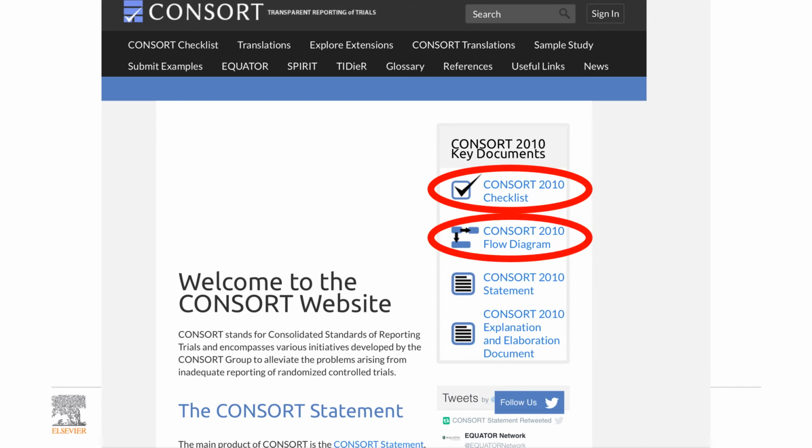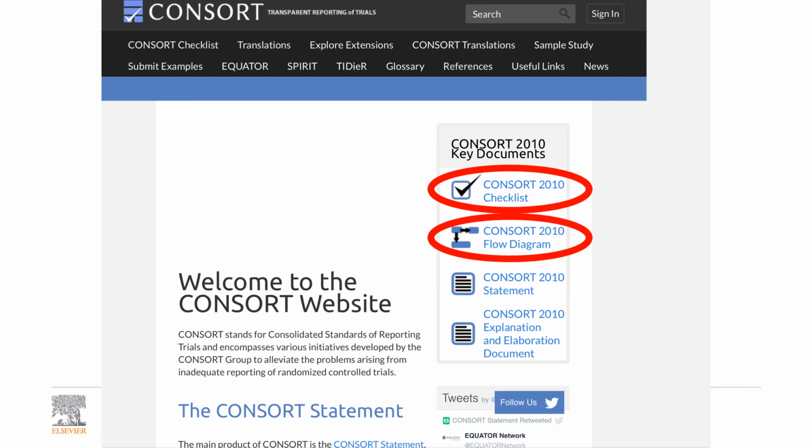I'm not going to go through the checklist in any detail, but suffice to say that checking that off helps you to know how to present your study, and good journals like NEP will insist that you use the CONSORT checklist if you're doing trials or experimental work. It also contains a line about registration of trials, which I'll come to in a minute.